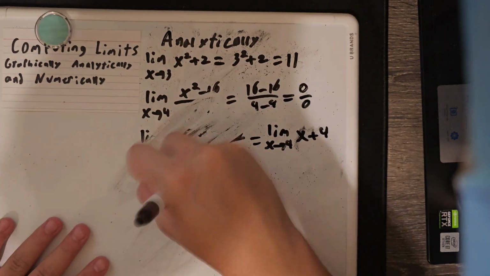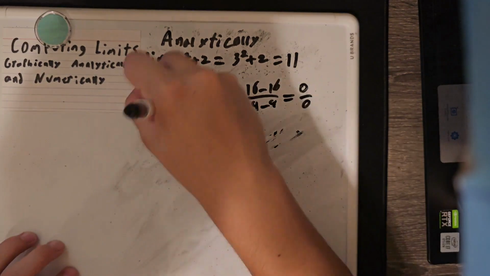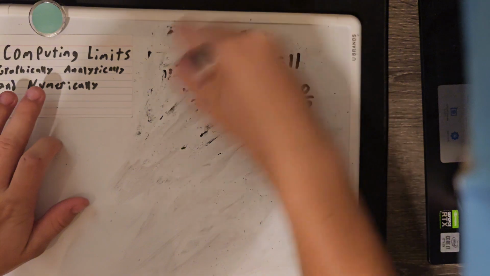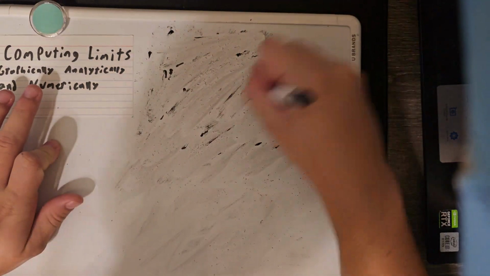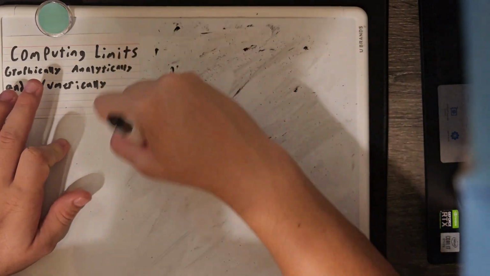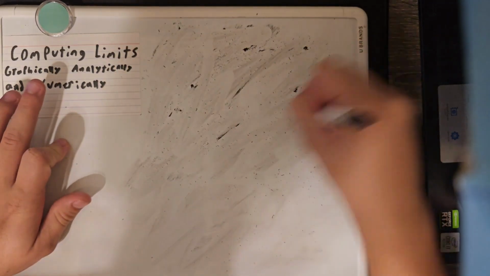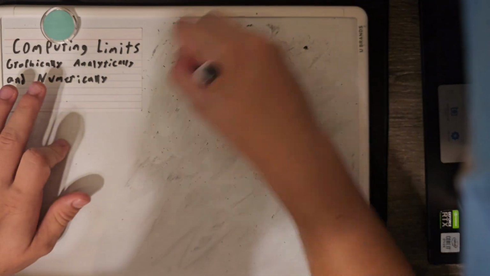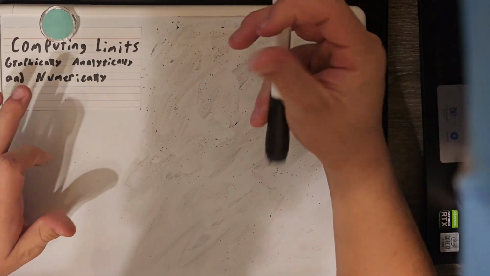Now, the next way we can compute a limit is graphically. When computing a limit graphically, we simply make a graph or use a graph provided to find the limit.